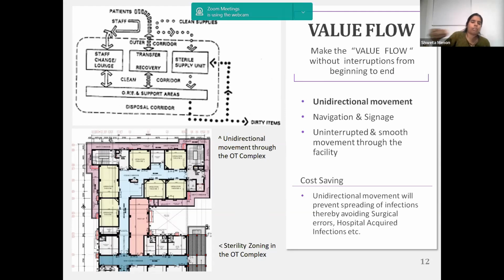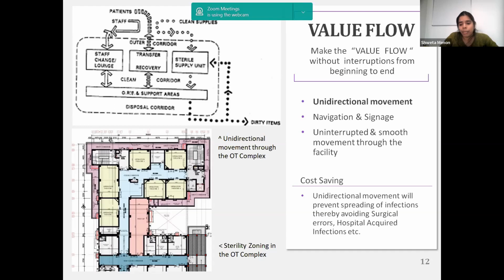If your doctor or your staff or your nurse who's just come into the OT complex has just skipped the change and has walked directly into the pre-op or directly into the recovery, they are carrying infections with them. They're carrying their outdoor clothes with them. They're carrying shoes with them.